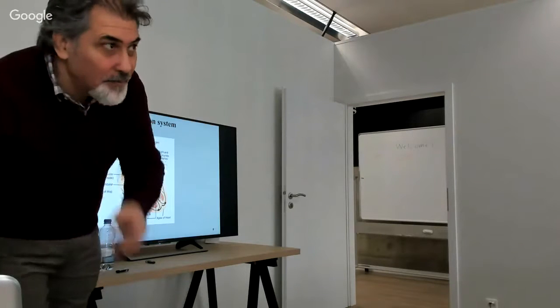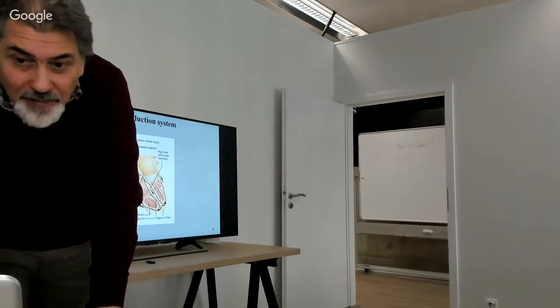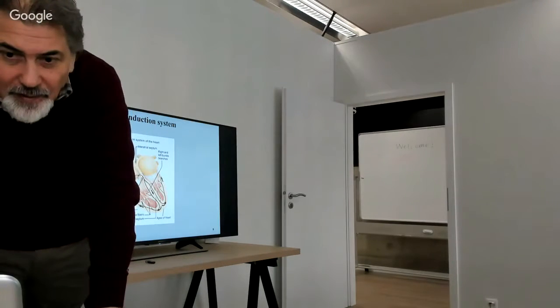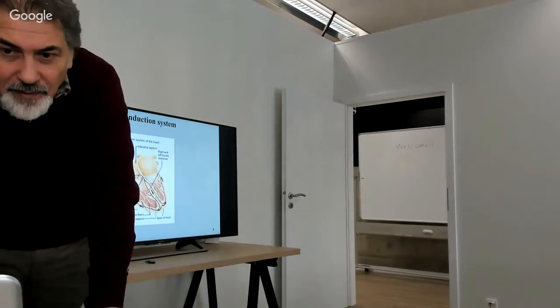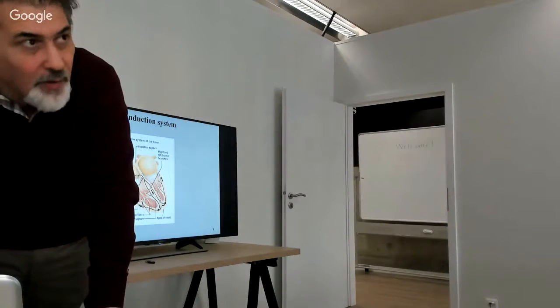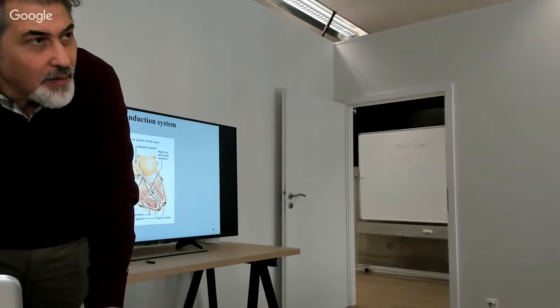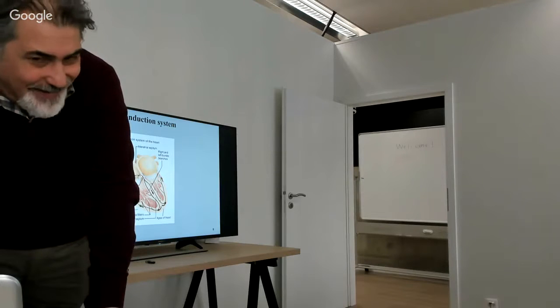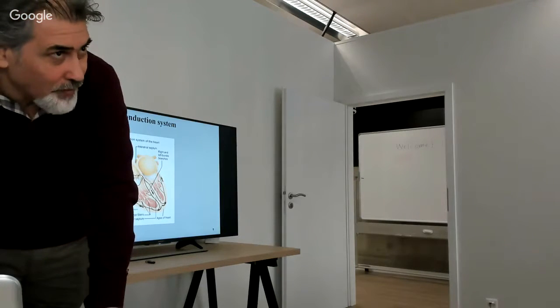We have the conduction system. The conduction system is the sinoatrial node and the atrioventricular node. The atrioventricular node is in the atrium.